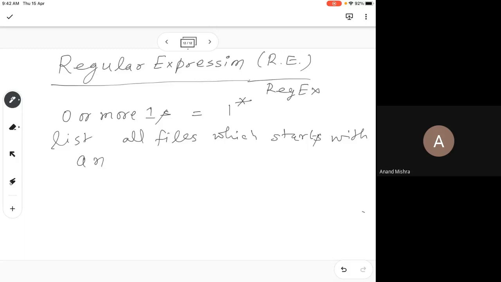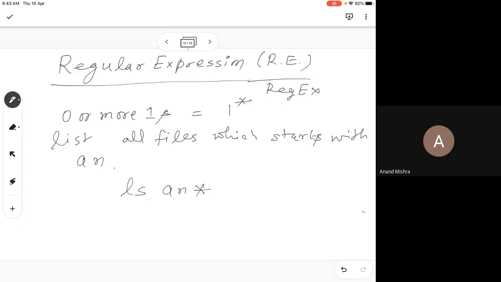How do you do this? You'll say ls an star. But this star and that star are not to be confused.